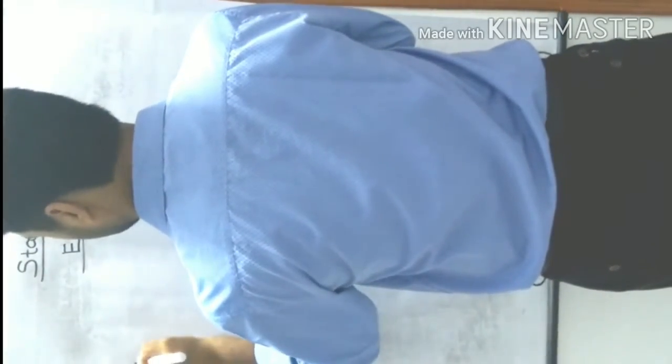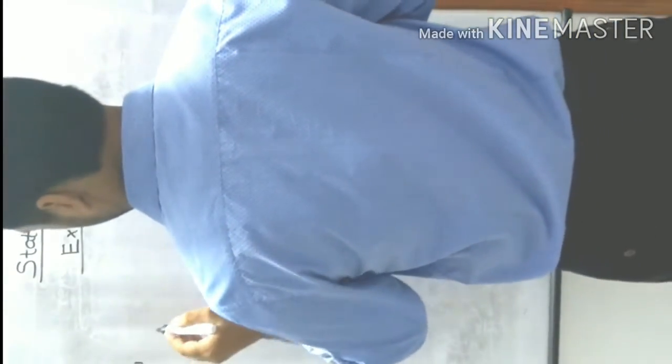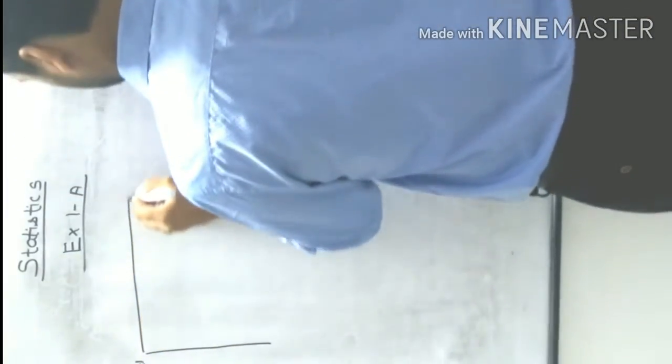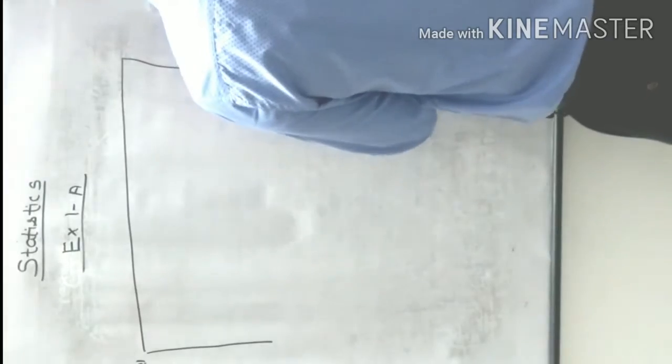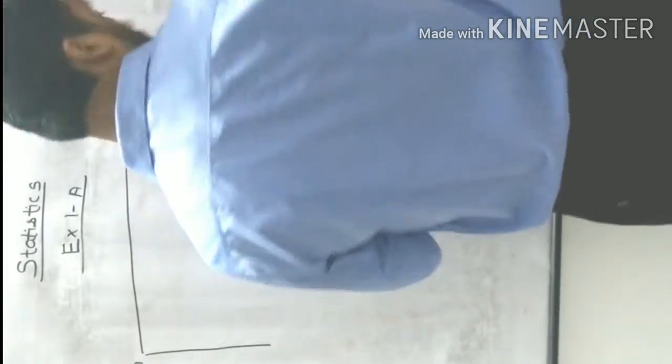Ninth B part. A part we are done. B part. Now see. We'll draw the table. So first we'll write what?